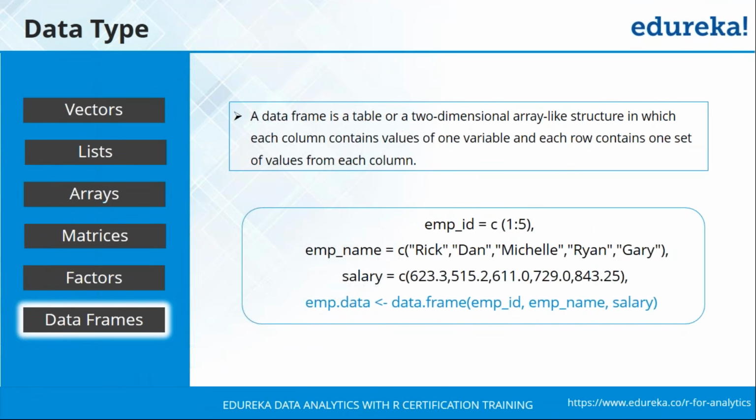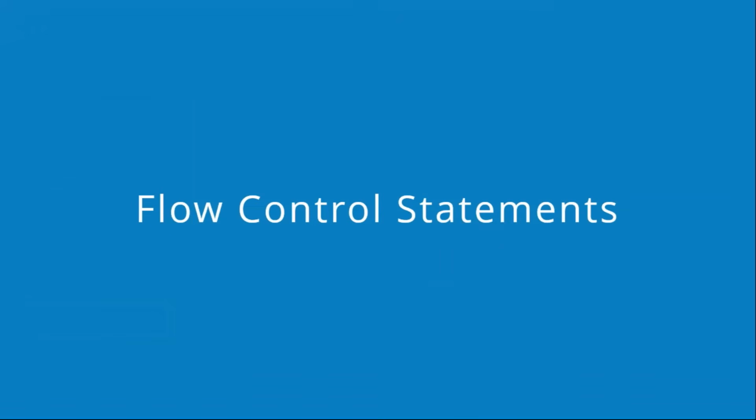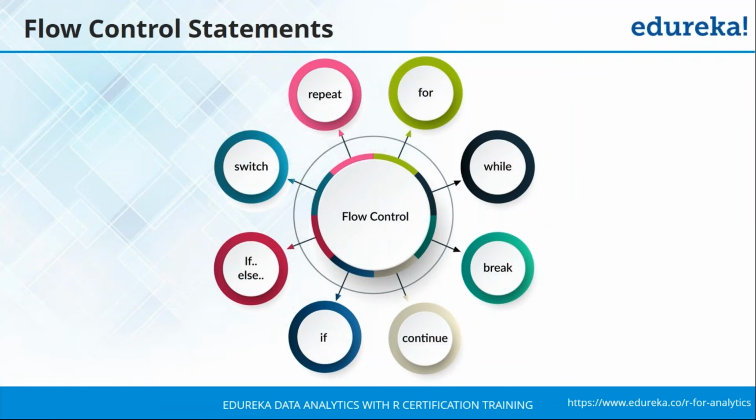So with this, we come to a conclusion of data types. I'm quite sure some of you are familiar with programming languages, and in programming languages there's a very important concept known as flow control statements. What these control statements do is divert and control the flow of every program, as in the sequence of execution of these programs.